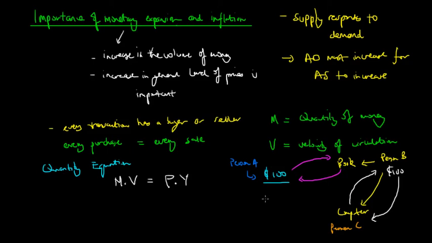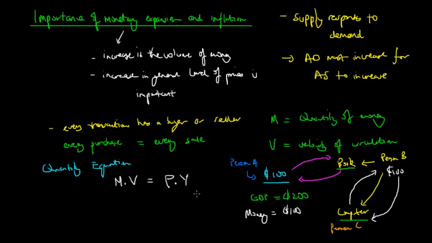So assuming that the transactions end here, we can see that the value of the economy, or the total GDP, or gross domestic product in this economy, is the value of the book and also the value of the computer. So GDP would equal $200. However, we only see that there is $100 worth of money in this economy. So money supply equals $100.